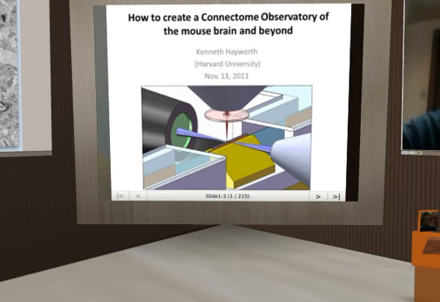Also, the people at Texas A&M, Louise Abbott and colleagues, have been doing plastic embedding of whole mouse brains by simple immersion.